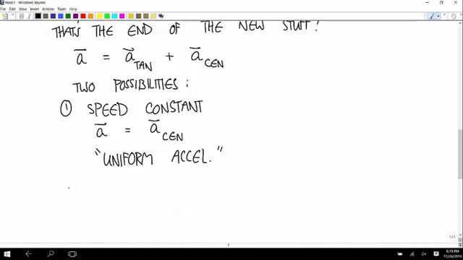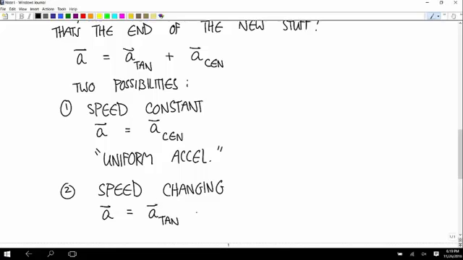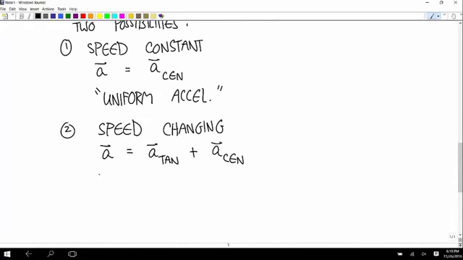The only other possibility is that the speed is changing. Then for the total acceleration, you have to add these two parts together, the tangential and the centripetal. That's called non-uniform acceleration.